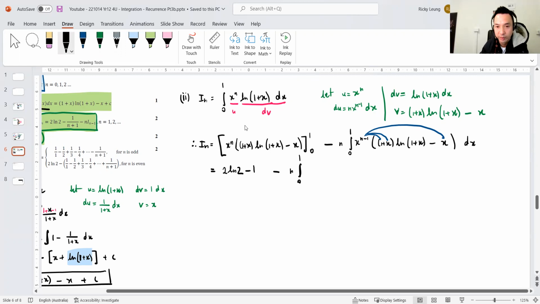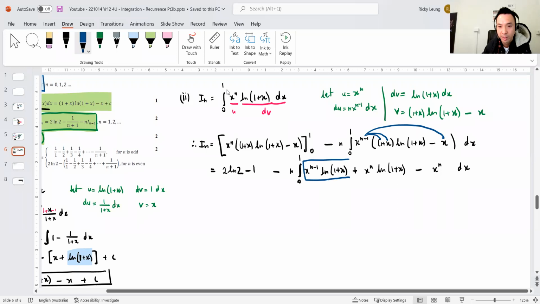So that times 1 would be x^(n-1) ln(1 plus x). And then plus that times x would be x^n ln(1 plus x). And then minus x^n dx. That's good because that looks like my original, but with a power of n minus 1.